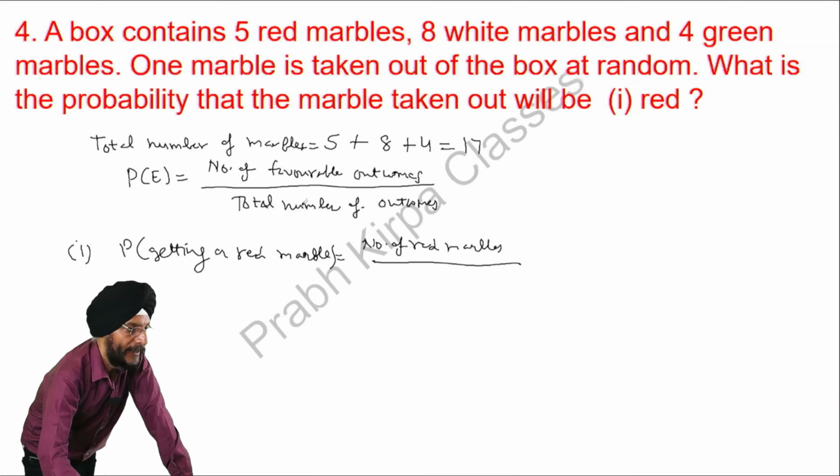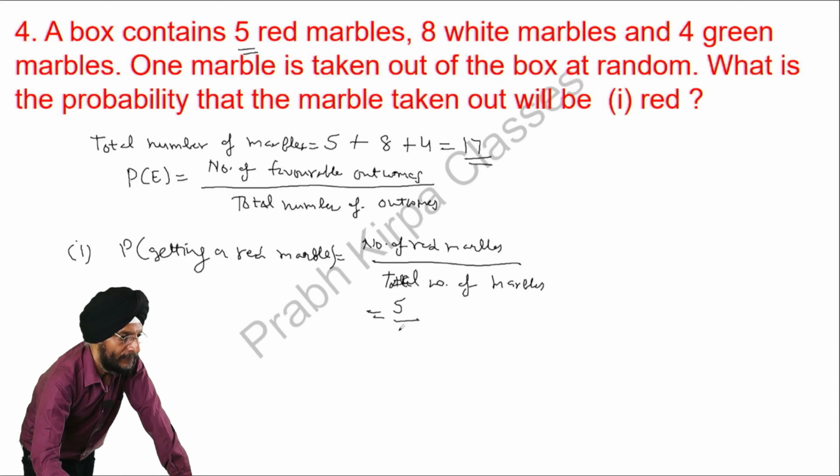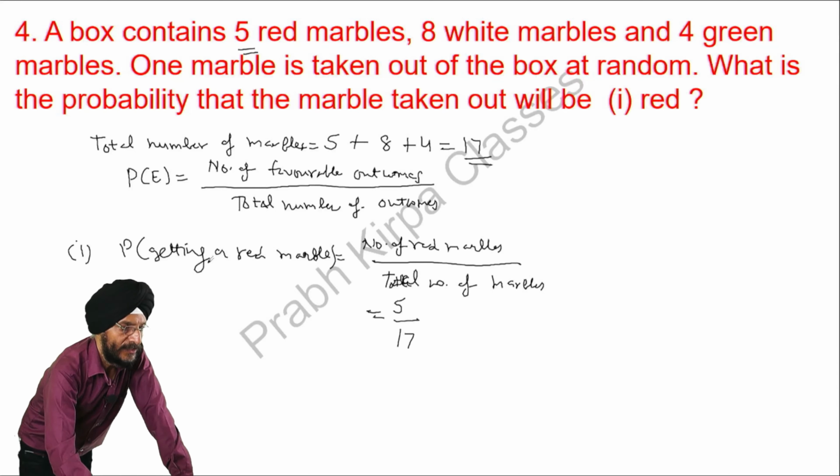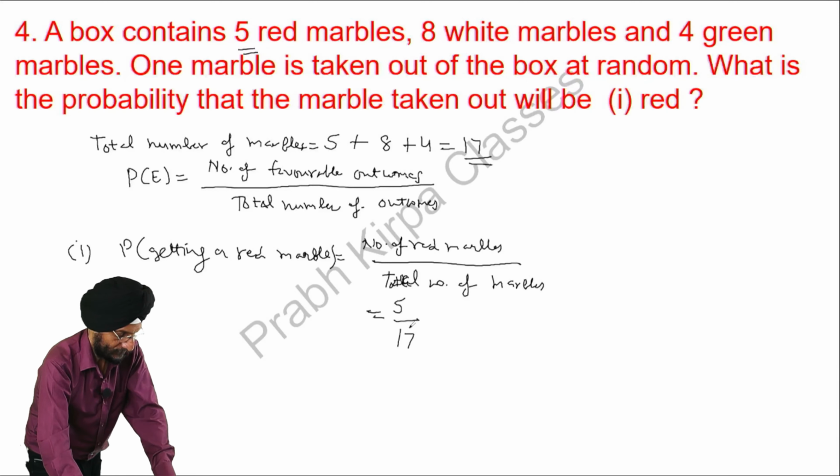It will be divided by total number of outcomes. Total number of outcomes means total number of marbles. So the number of red marbles are 5. What is the total number? This is the answer of first part. The probability of getting a red marble is 5 over 17.